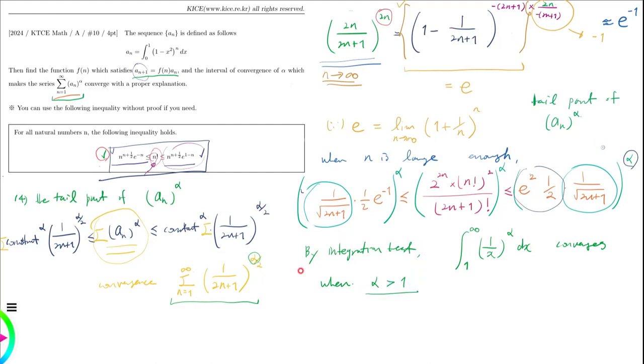So this alpha over 2 should be greater than 1. That means alpha should be greater than 2 to make it converge.